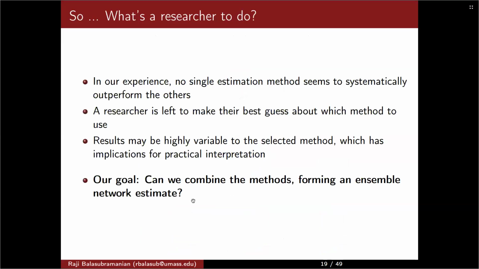So our goal is to come up with an approach that can combine these various estimates. If you have a library of different methods that you want to try to estimate the underlying precision matrix, and you have all of those m different estimates, how can I combine them to form an ensemble in a data-driven way in which the performance of the ensemble is at least as good as the best method in your toolbox?